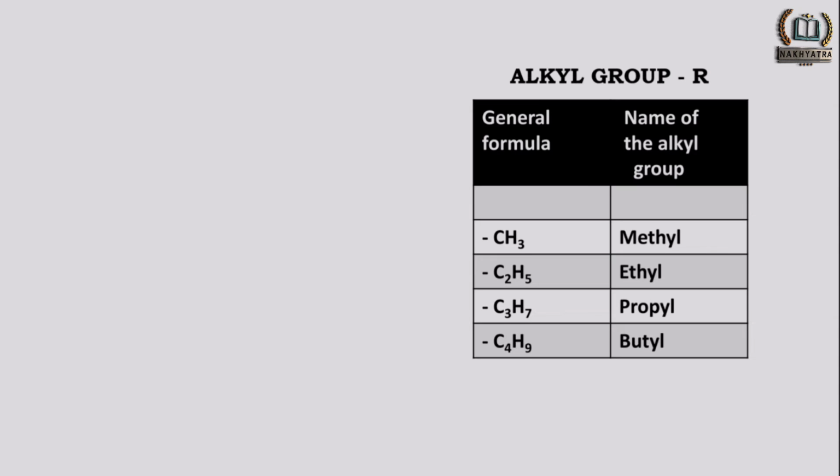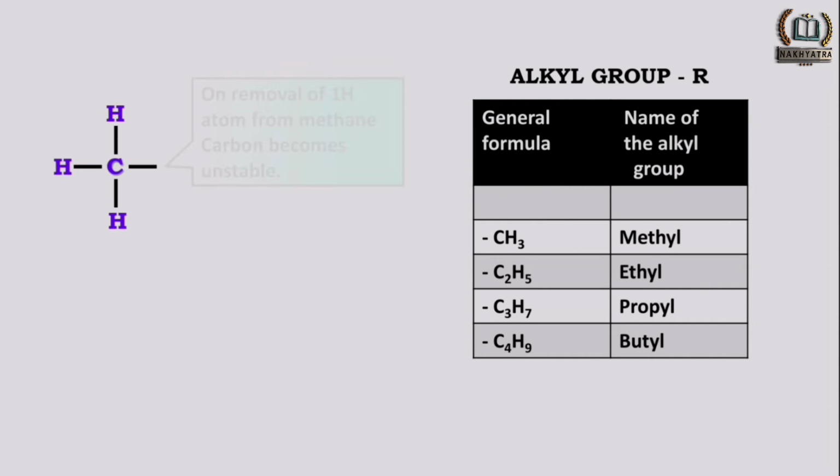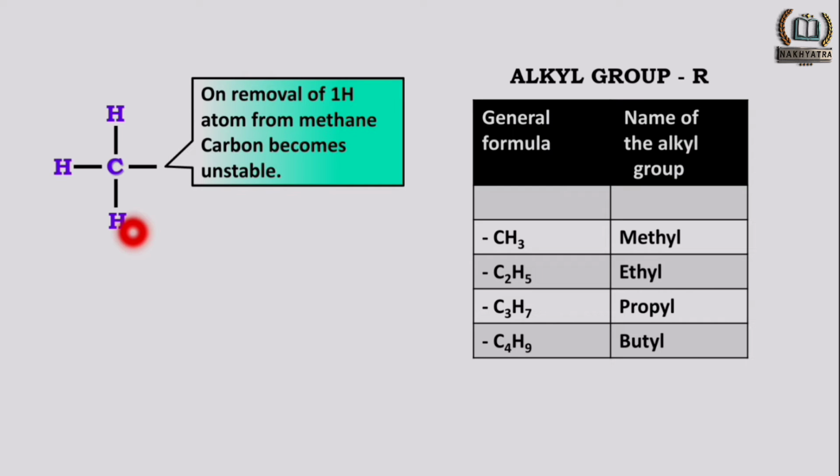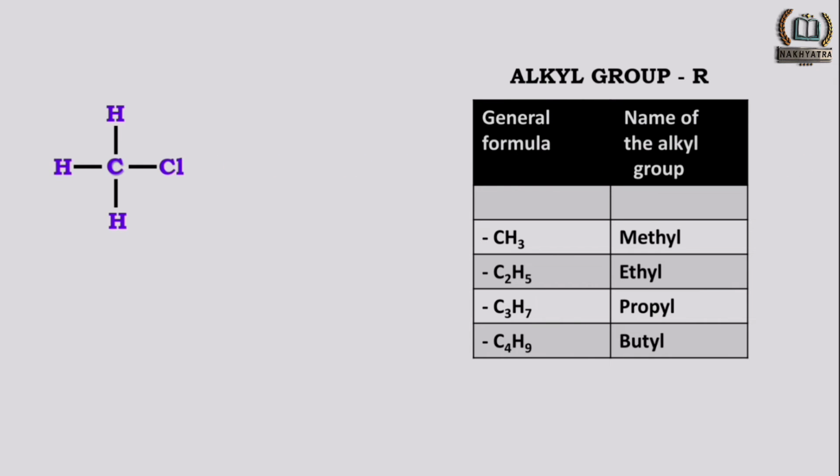Okay, next we will consider the methyl group. This is the structure for methyl. Actually it was methane, but with the removal of one hydrogen atom, the carbon becomes unstable. Now the hydrogen atom removed can be replaced by a chlorine group. Cl means the chlorine group, so in place of hydrogen we place chlorine.